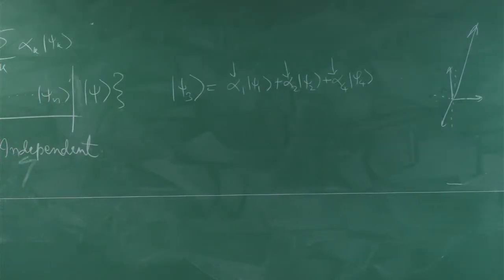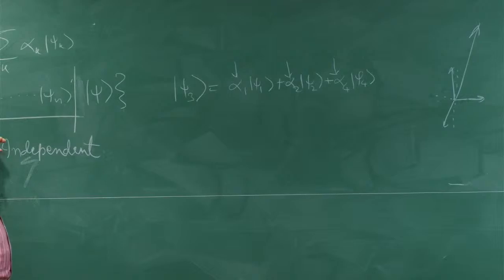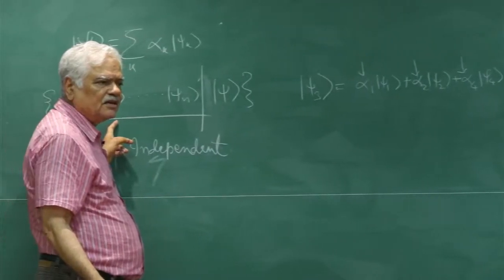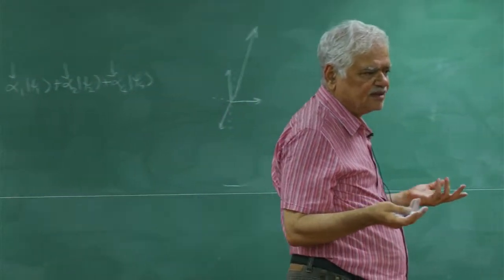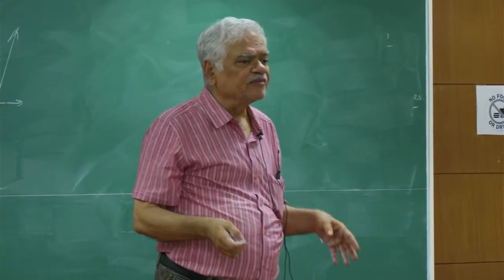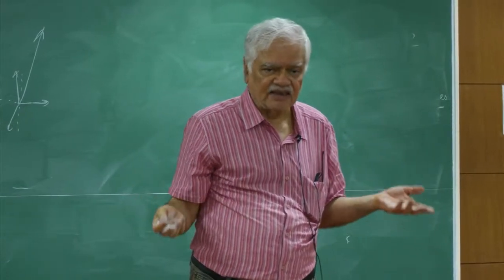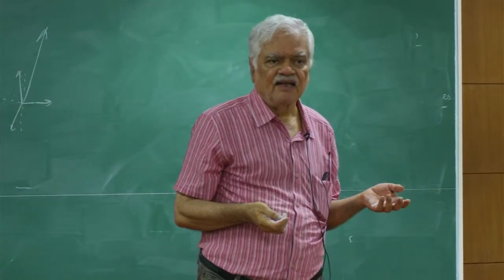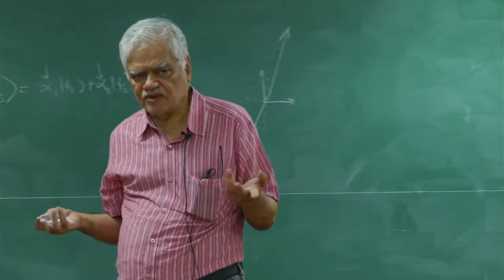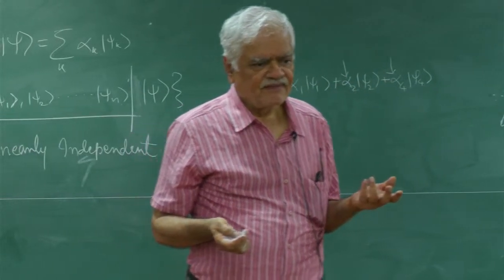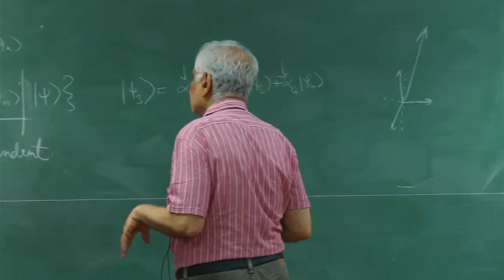This much is a basis, so I can write the new state as a linear combination of the states out of it by the definition of basis. That means this total is linearly dependent. Therefore, a basis is a maximal linearly independent set. Another conclusion from this is that all bases contain the same number of states. So this is the concept of basis and linear independence.